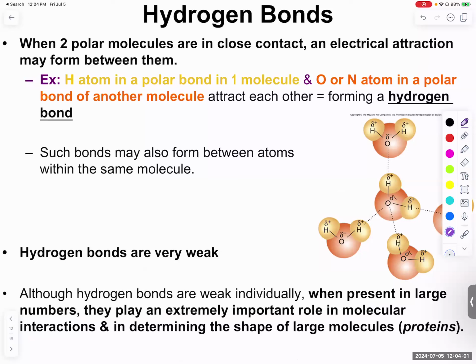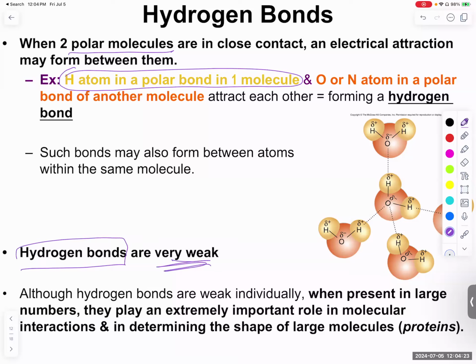Another thing with hydrogens: when two polar molecules are in close contact, there can be an attraction or a weak bond formed with the hydrogens. So the hydrogens can form what is called a hydrogen bond. They are weak, but they do play a role when present in large numbers. That's why, if you were to dump a little blob of water onto a desk, that water drop tends to stay together.